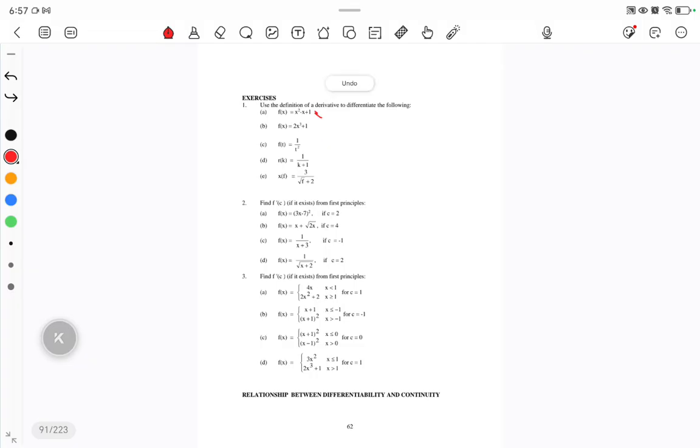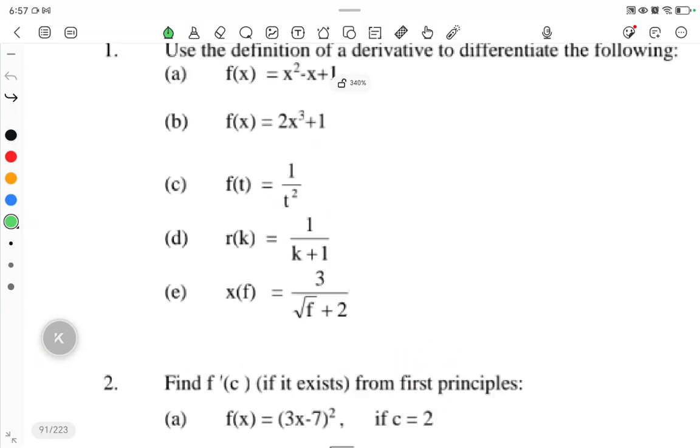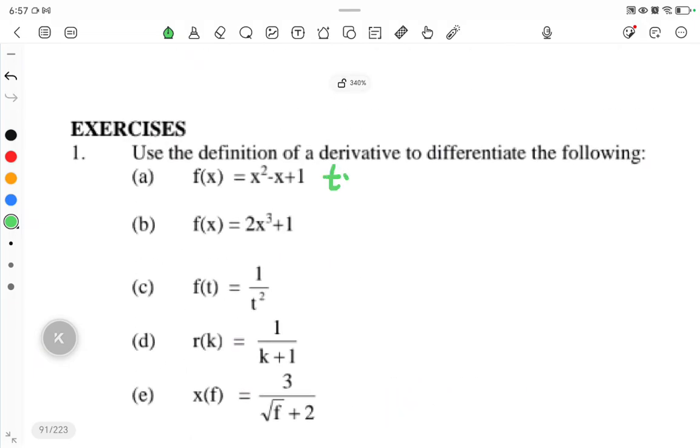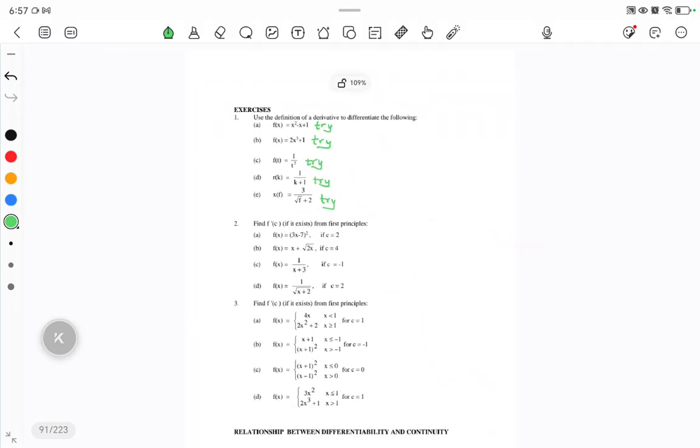So let me just say try this, and try this, and try this.